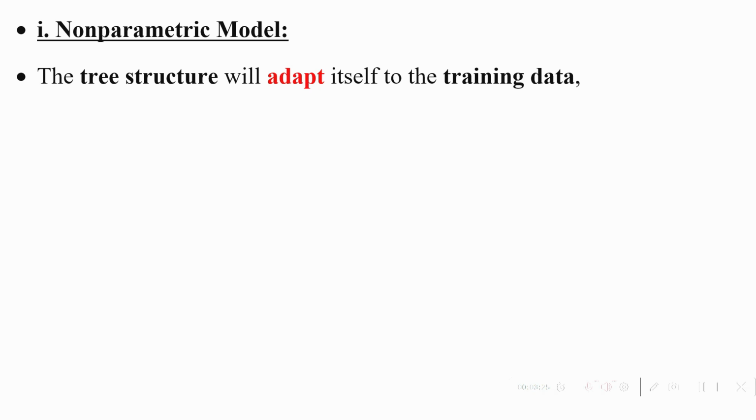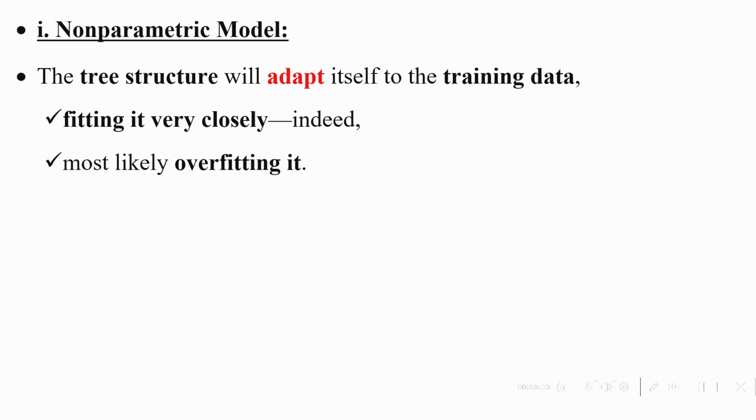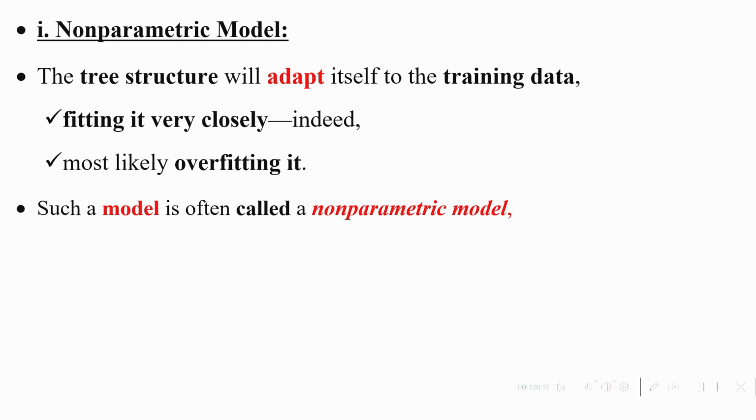The non-parametric model is where the tree structure will adapt itself to the training data, fitting it very closely indeed, and most likely overfitting it. Such a model is called a non-parametric model.